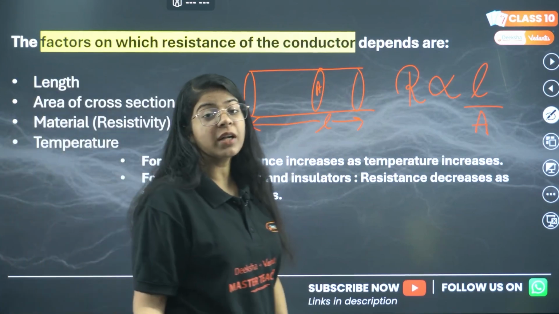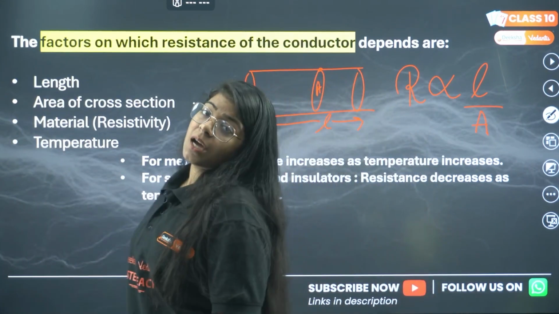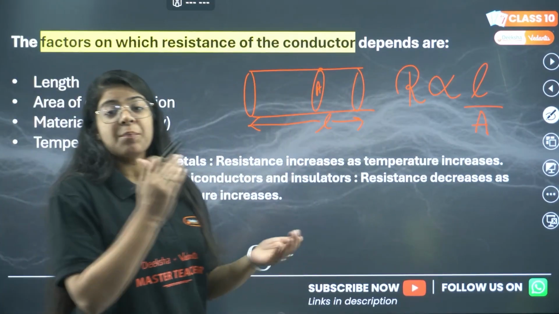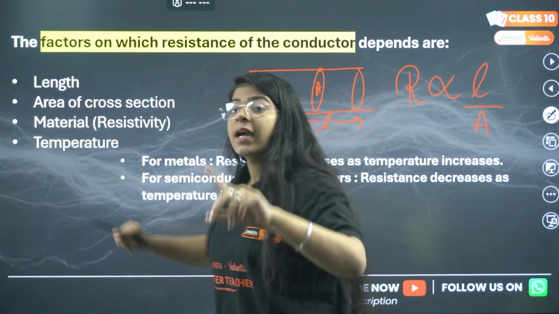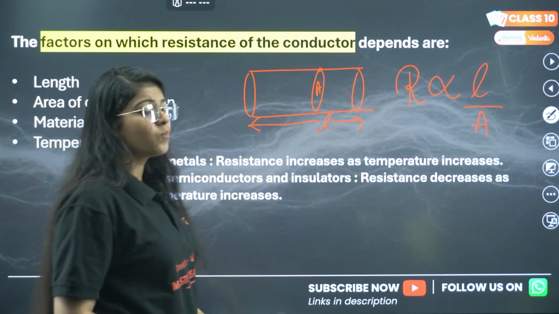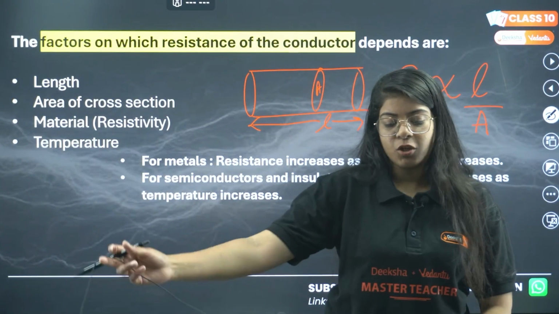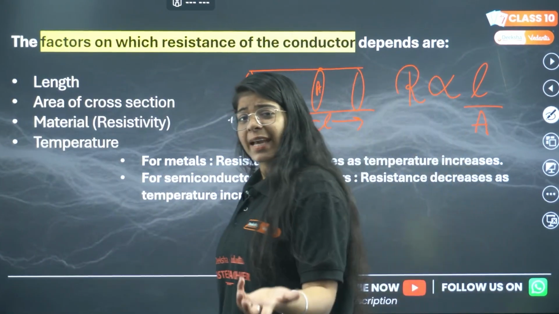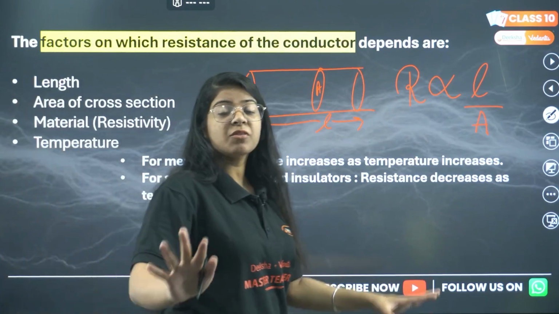Now moving to temperature, if someone asks you what are the factors, is temperature a factor which affects resistance? Then yes, it is a very, very important factor, although you don't have much of this topic in your 10th class, but still it's a very important factor for resistance.